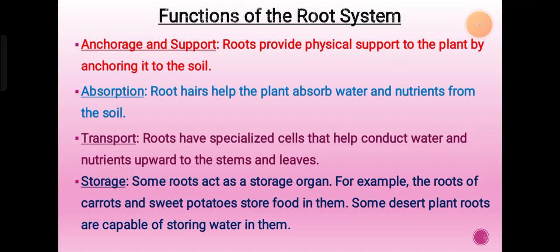Out of these four, the most important one is anchorage and support, and the least important is storage. The normal ones, absorption and transportation, are also very important. So this is wide information that you need to know about all these four points.